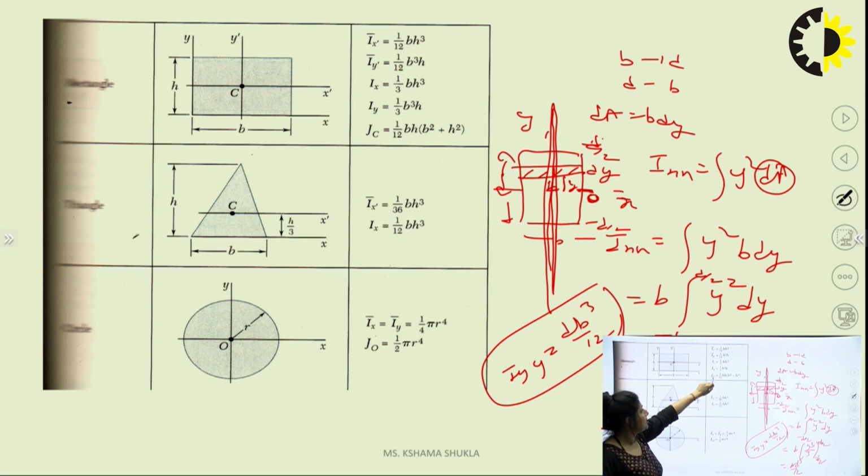The Jc is defined as the polar moment of inertia, that is nothing but Ixx plus Iyy. Add both the values and you can find the polar moment of inertia. Okay, the Ix and Iy, these two values are given with the base. The upper two values of moment of inertia are about the neutral axis.